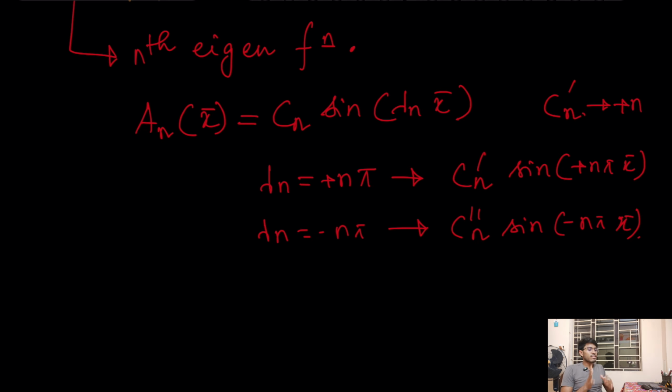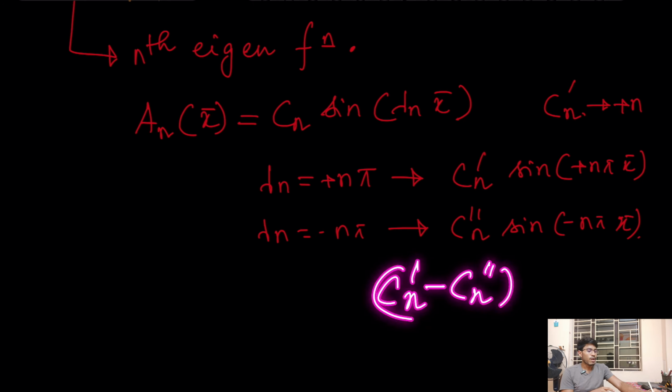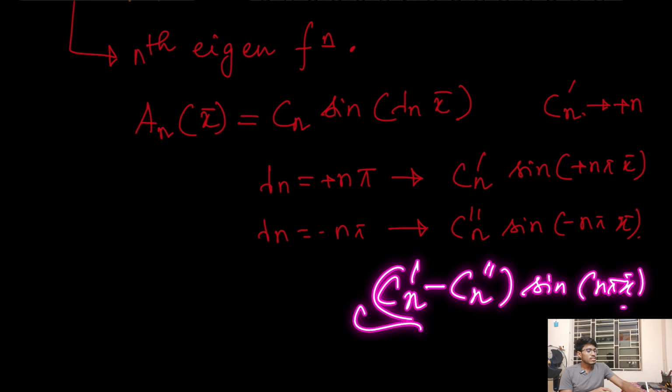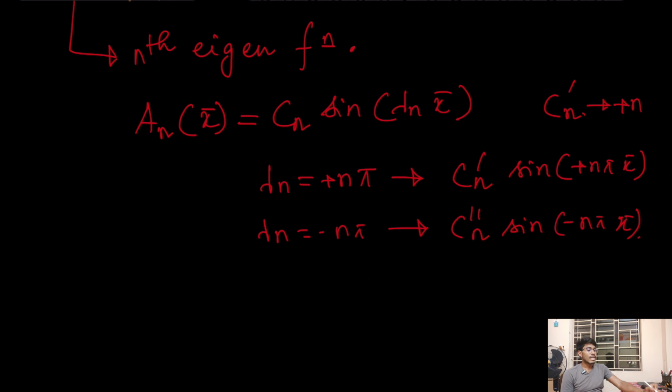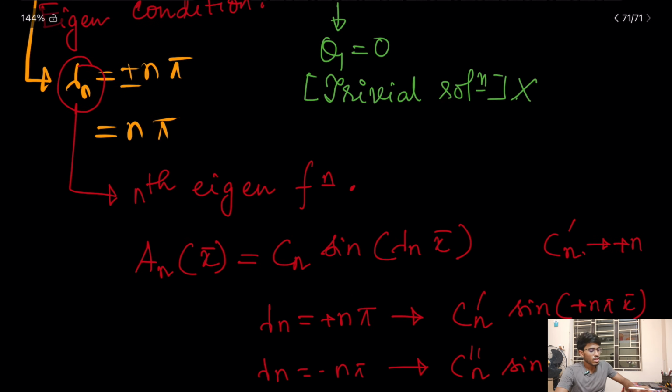The moment you add them up, this minus will come outside and I can take c n dash and c n double dash common, and write c n dash and c n double dash into sine n pi x. So this is another constant, c triple prime. That is why I am not taking the minus n. Okay.